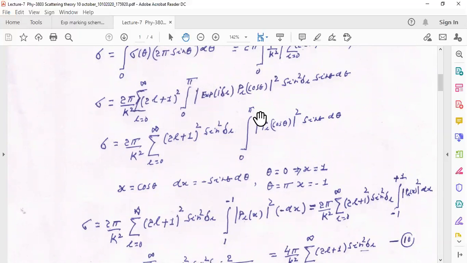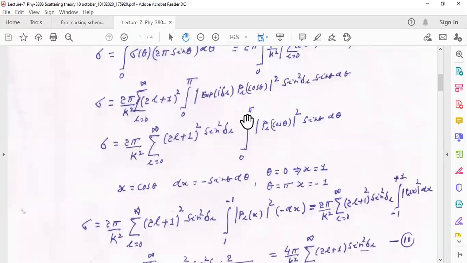Here you have to integrate the mod of the Legendre polynomial square times sine theta d theta. So I consider x equal to cos theta, because you know the argument. So dx equals minus sine theta d theta. For the lower limit, theta equal to 0, cos 0 is 1, so x equals 1.